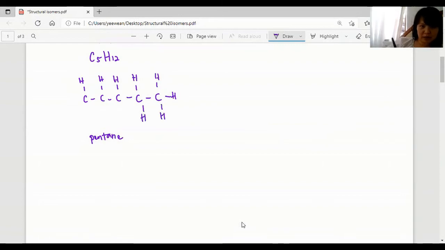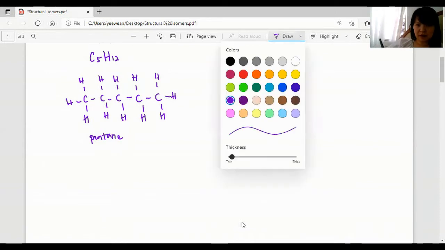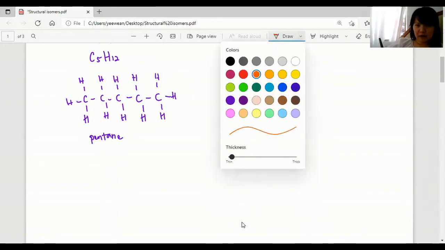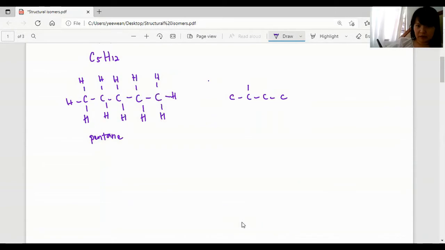Let's make a butane and put a branch somewhere. 1, 2, 3, 4, and the 5th carbon, we're going to put it as a branch. If I were to put it here, again, this is going to make a pentane, because then this will be the longest chain. So this doesn't work. I'm going to erase this. How about if I put the methyl here? Okay, this works. So number 2 has the methyl.